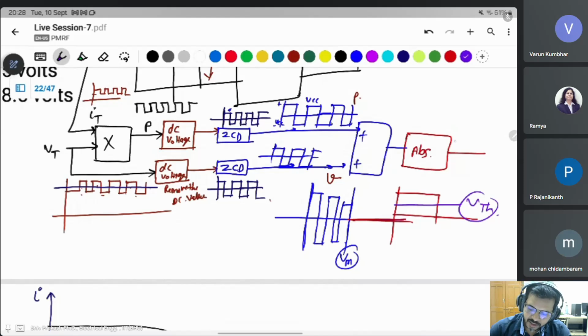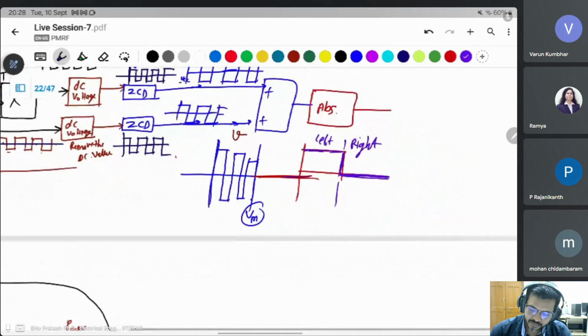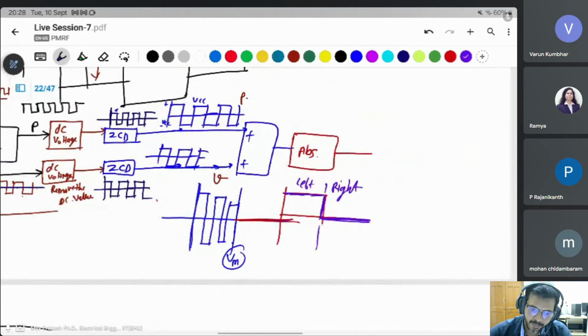Then he's asking this one, and after the absolute value, this will be a left point, this will be the right. At the left point there is some voltage, at the right point this will be 0 voltage. After this there will be a comparator signal.